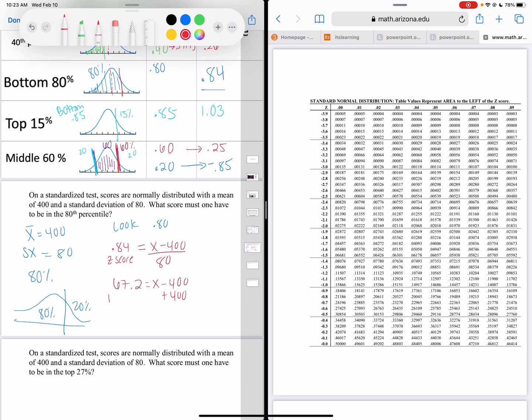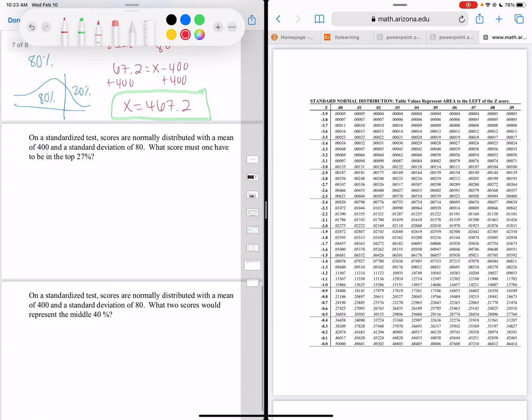Add 400 to both sides. And that means that my performance value that I'm looking for is 467.2. So for inverse normal distribution, instead of looking for the actual z-score and looking for the percent, now my answer is going to be an actual performance value.